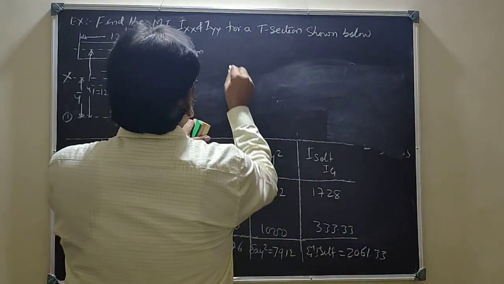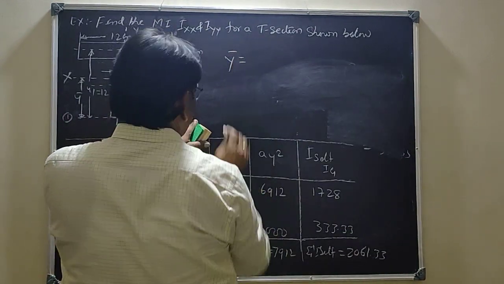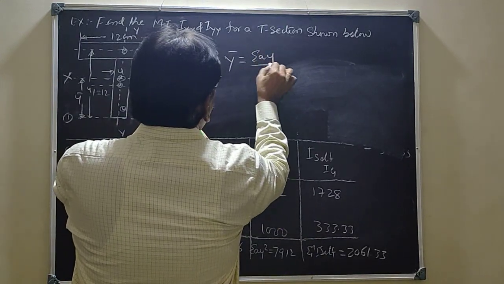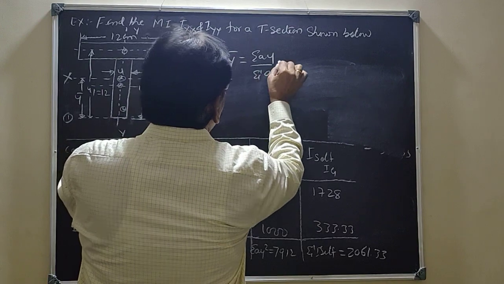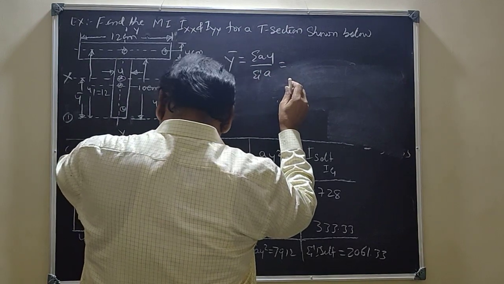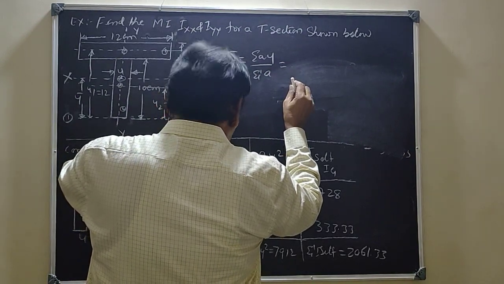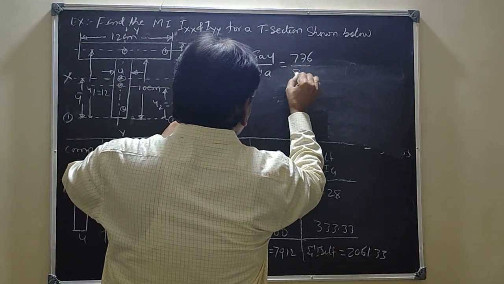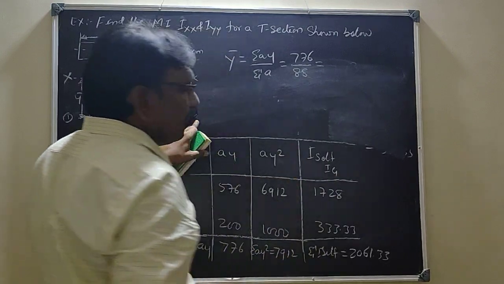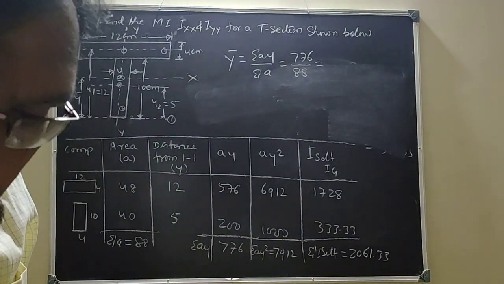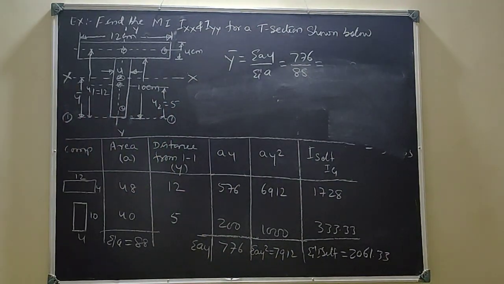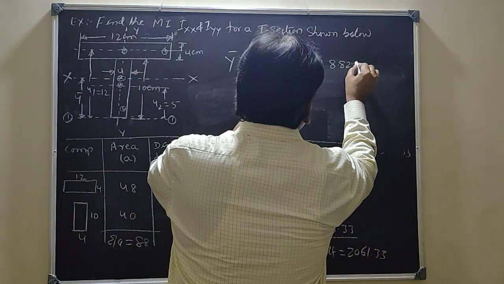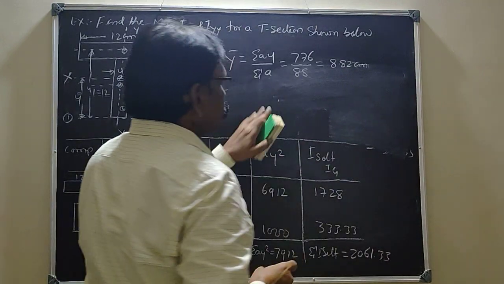You want to find out y bar, which is equal to sigma ay divided by sigma a, that is equal to 776 divided by 88. This works out to be 8.82 centimeter.